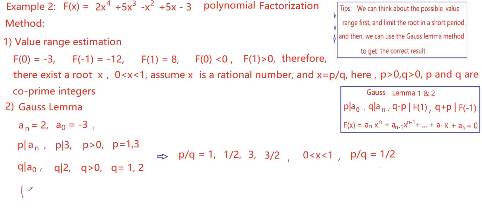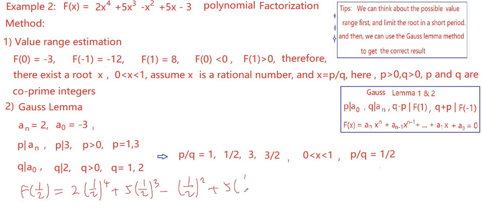So we just check f(1 divided by 2). It is 2 to the fourth power plus 5 times 2 to the third power, 2 squared, 2 minus 3.